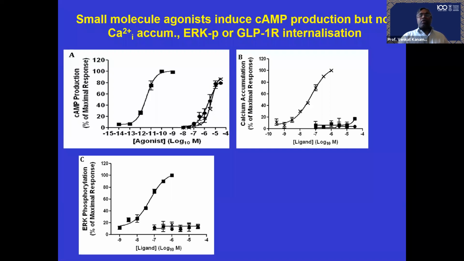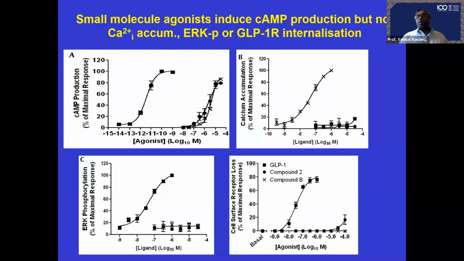Similarly, because ERK phosphorylation is also downstream of the Gq pathway, these small molecules fail to cause ERK phosphorylation as well. Since the Gq pathway is required for receptor internalization, we also did not see internalization by compound 2 and compound B.